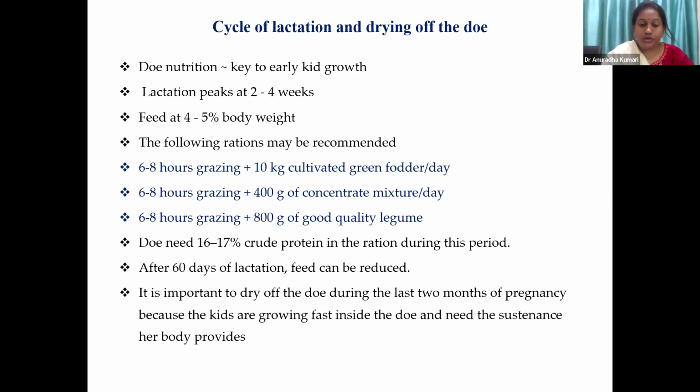And it is very important to give a rest period, or dry off the animal, during the last 2 months of pregnancy to support the growth of the kid and replenish the losses that occur during the lactation period, or to prevent metabolic disease after the kidding for future generations.